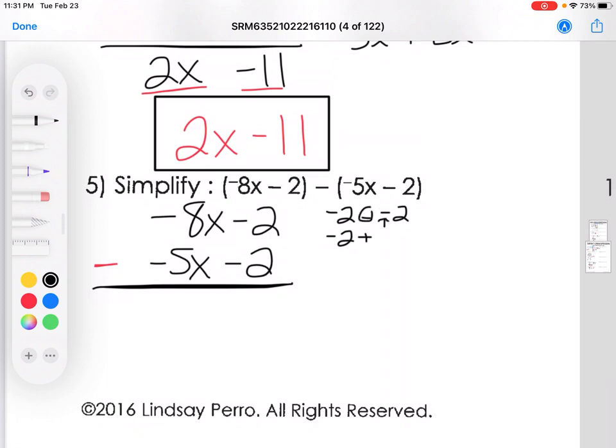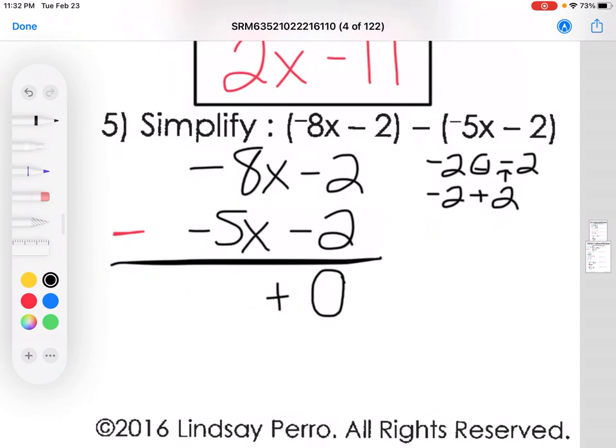So the opposite of negative 2 is positive 2. So negative 2 minus negative 2 is 0. And it doesn't matter here if you have positive or negative, because 0 means I'm not changing anything. I'm not taking away or adding.